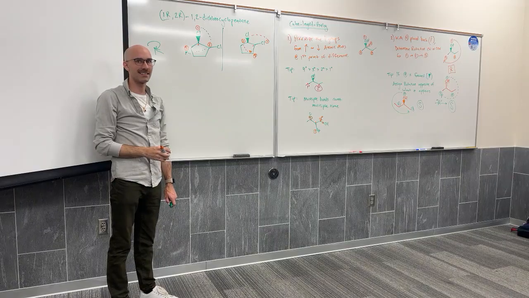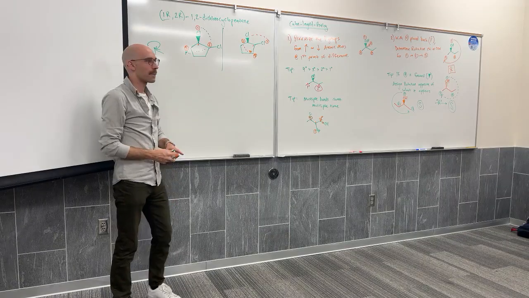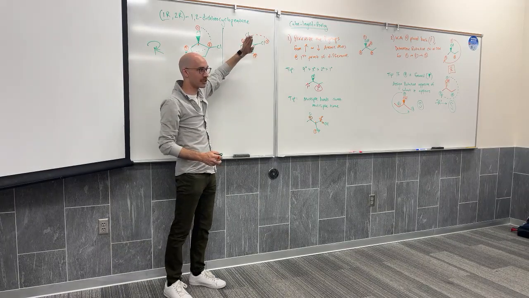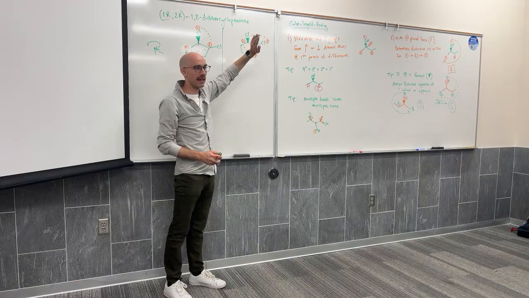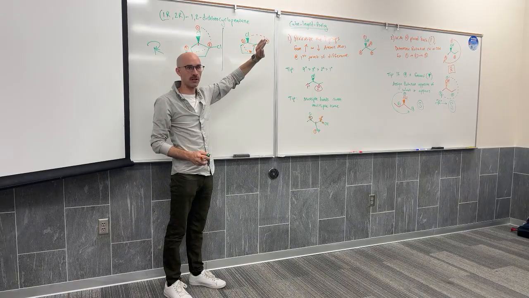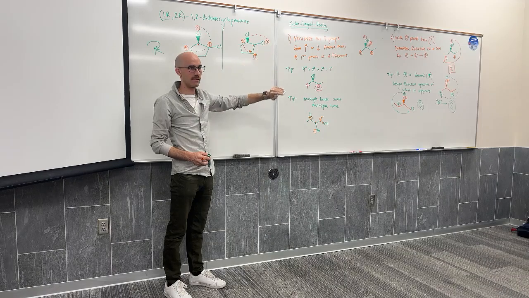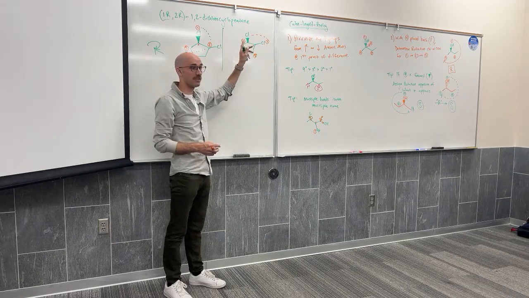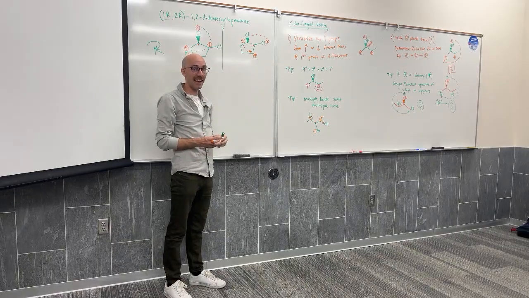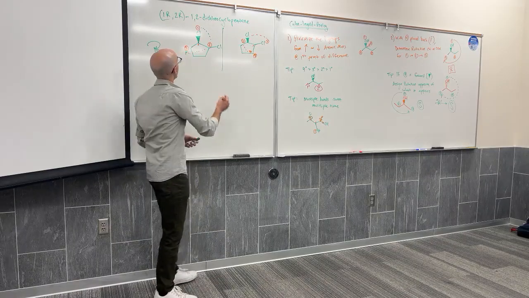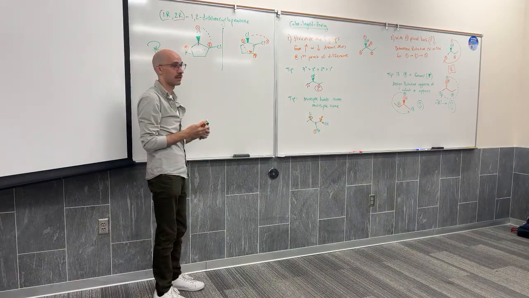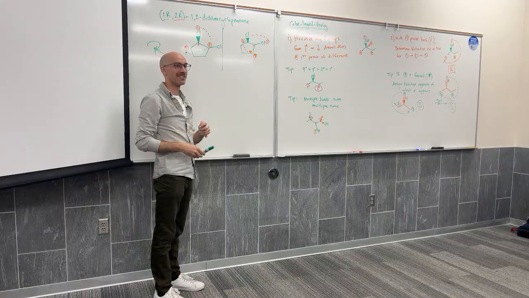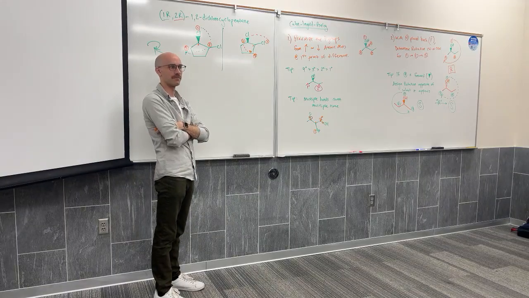It looks S. So if this chlorine is wedged, do I have an R configuration? If that chlorine is wedged, I have an S configuration. And am I going for S? So how do I make that chiral center R?